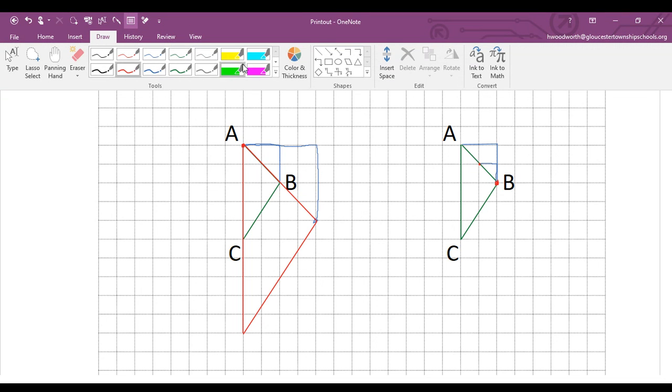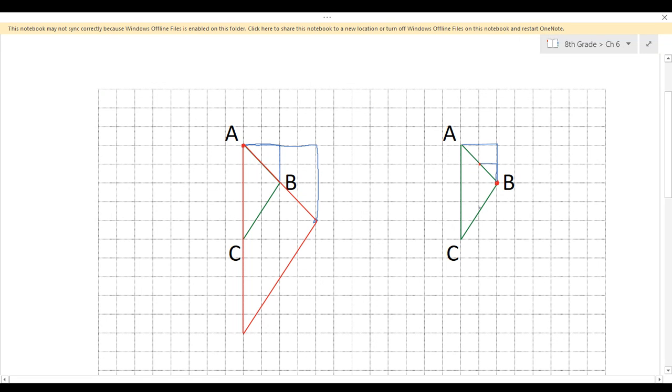Now we have B to C. If we look at the vertical and horizontal distances, that gives us a vertical distance of 3 and a horizontal distance of 2. So multiply both those by a half, and we get 1 and 1/2, 1.5.